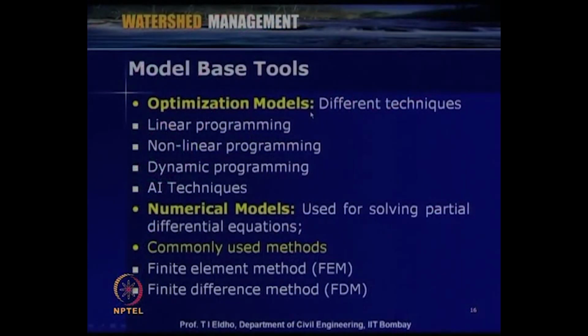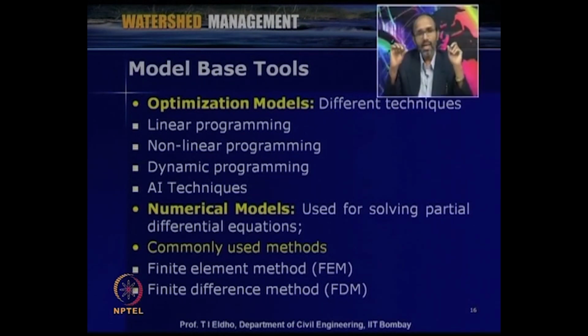Let us have a brief look into various model based tools. As I already mentioned, the optimization models are generally used in DSS support systems. Actually, optimization is done to either minimize the cost or maximize the benefits.